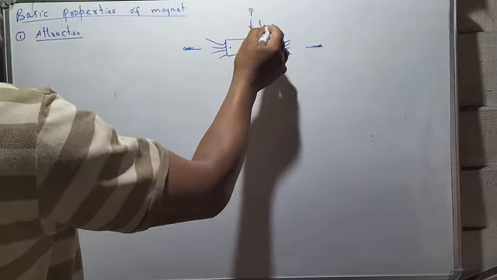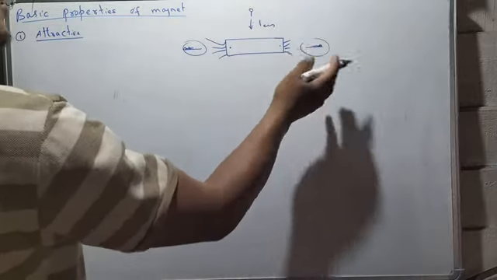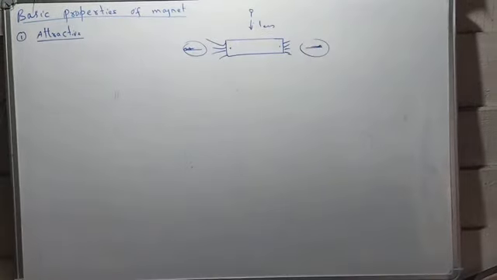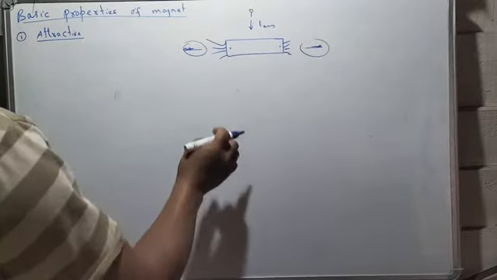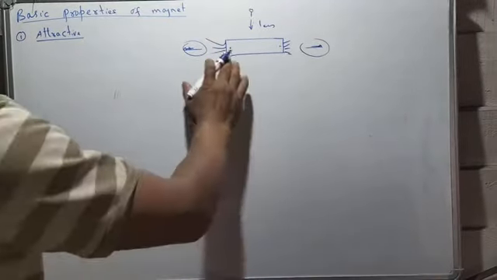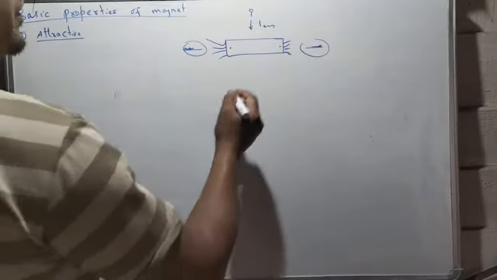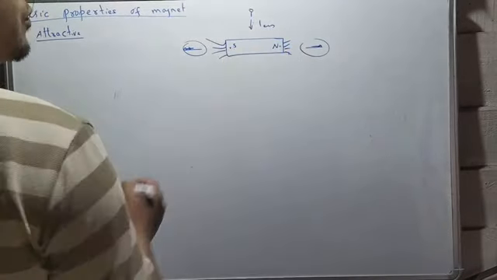But at this point, the attraction of the nail is very strong. So that is why we call these ends of the magnet, which have a strong attraction, the poles of the magnet, and we name them North Pole and South Pole.